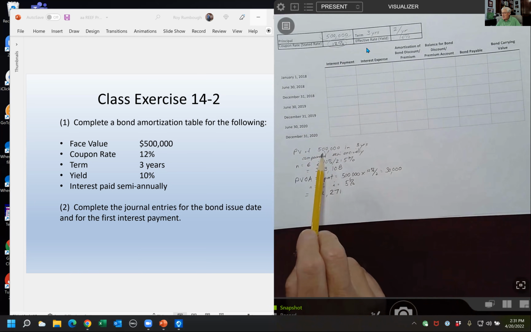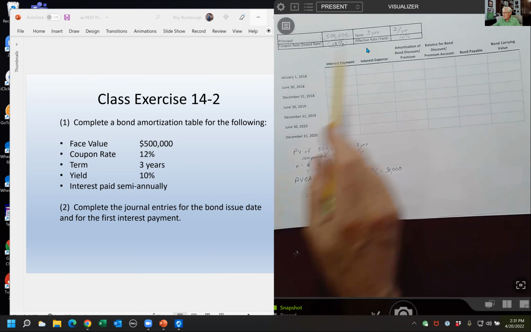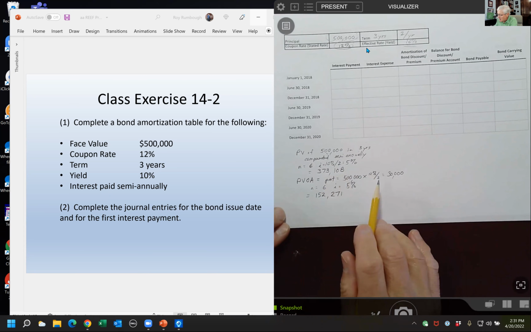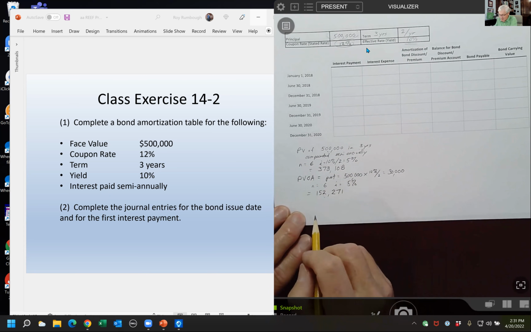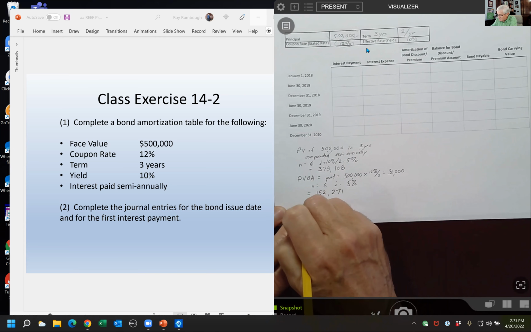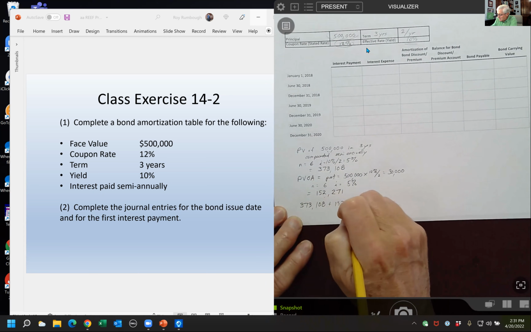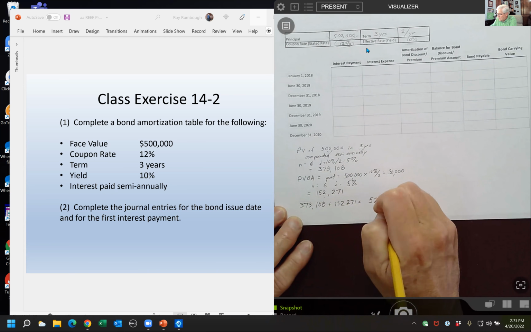If they pay 500,000 for 500,000, they've got to pay less because the interest being paid along the way is only 10%. So got to true that up. So how much are they going to pay? We just calculated 373 plus the 152, 25.